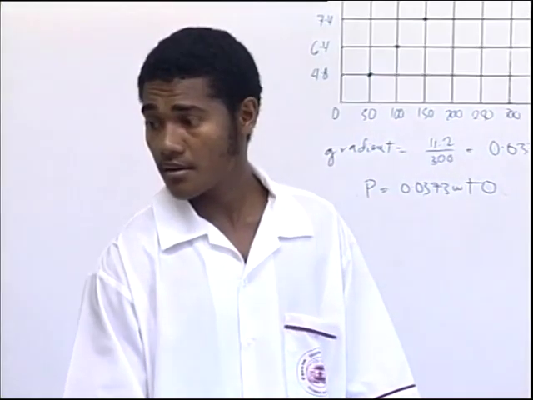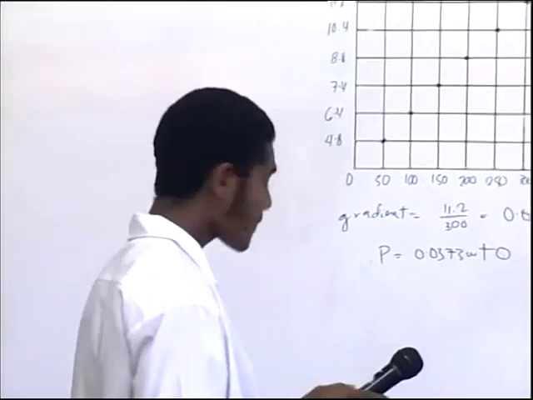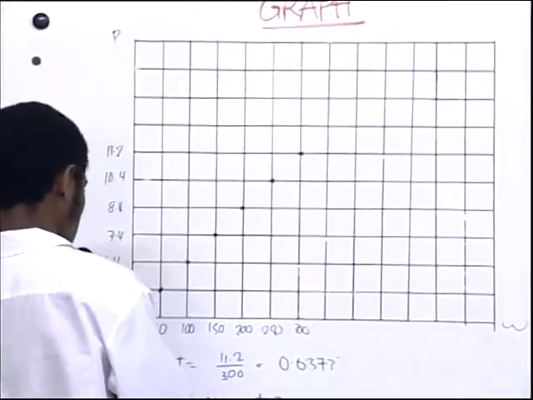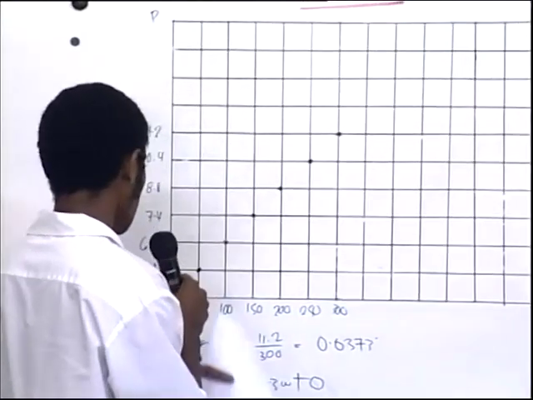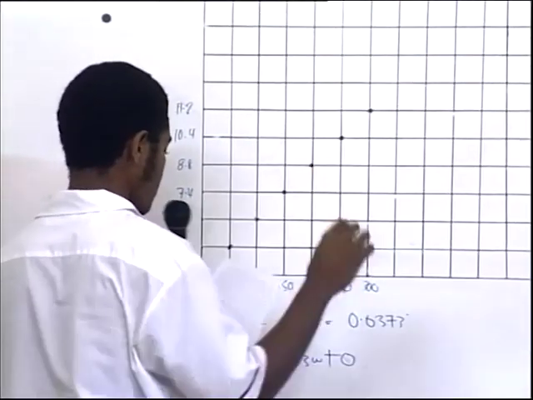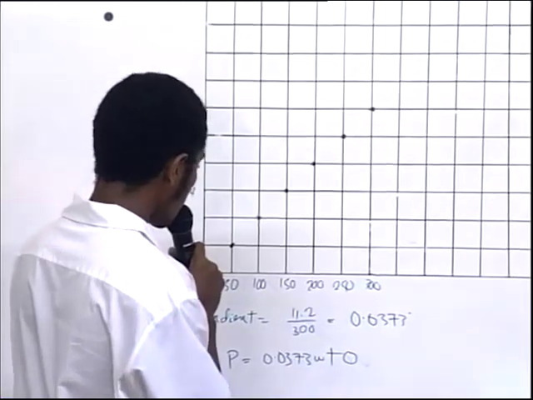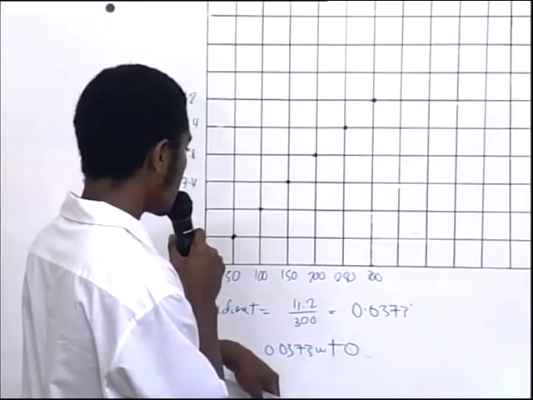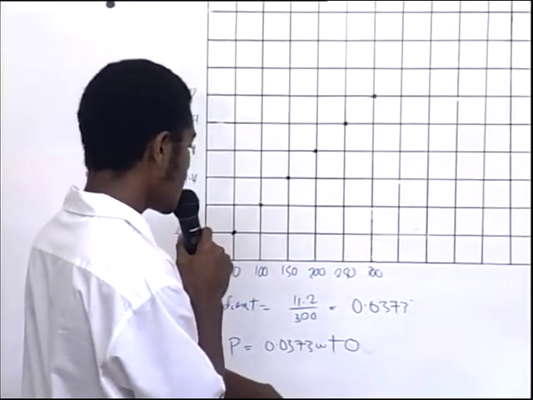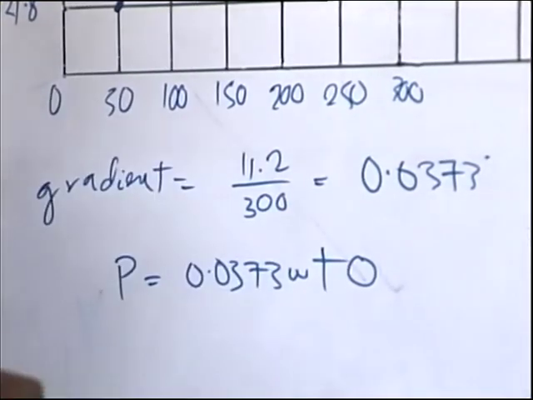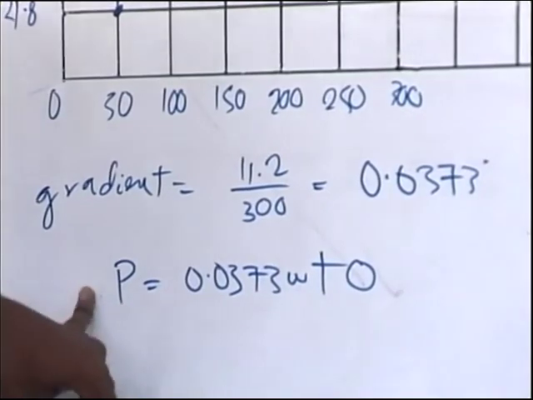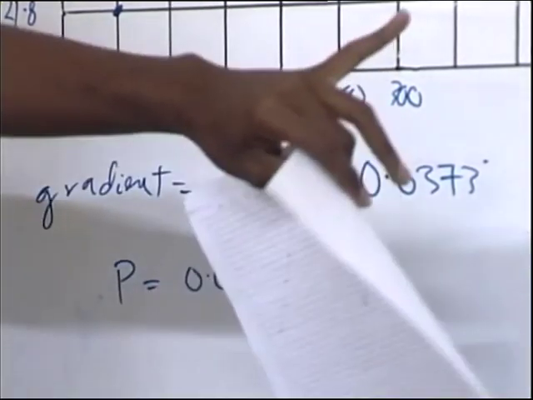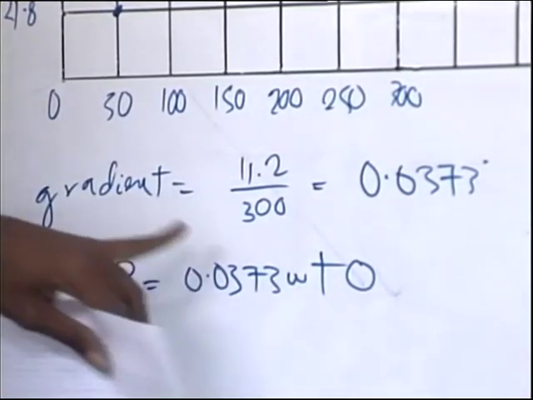Okay, you can draw the line through. When I graph the results, I end up with a straight line. So the general equation is y equals mx plus c, where c is the y-intercept. Because I got P as my dependent variable, P is outside, and W is the independent one, so it's inside with the gradient.